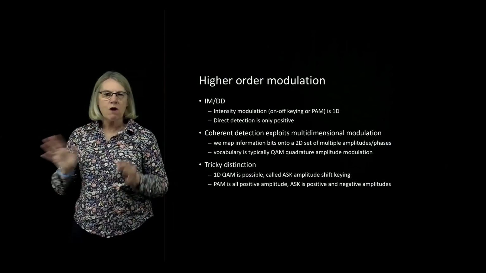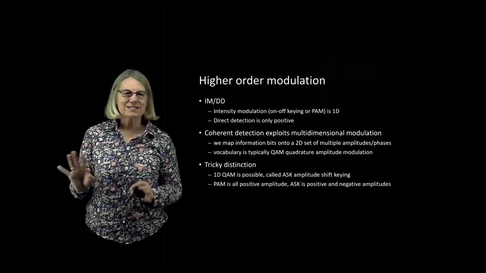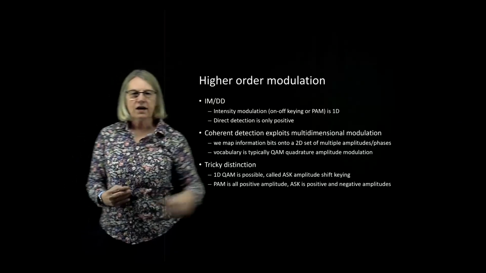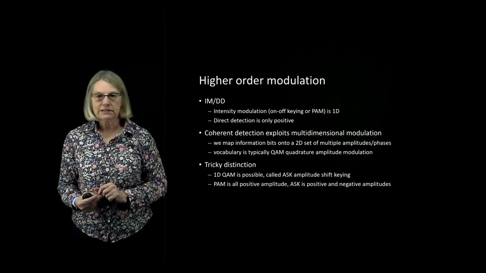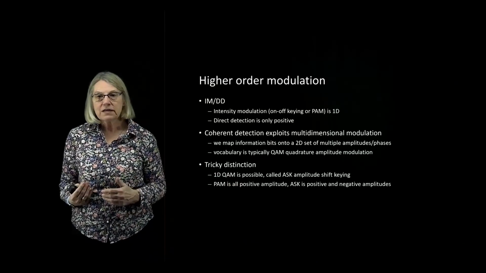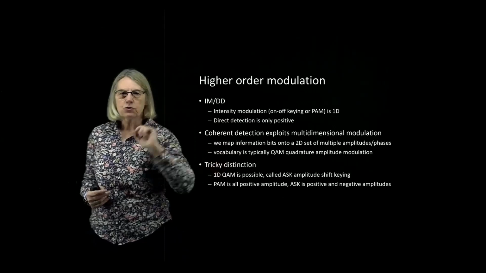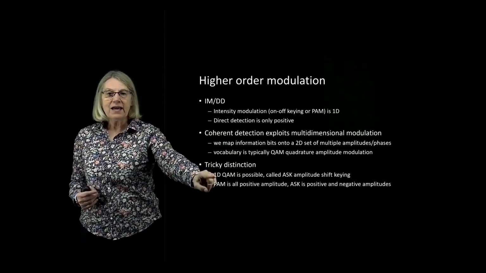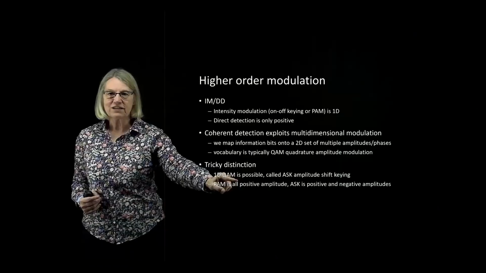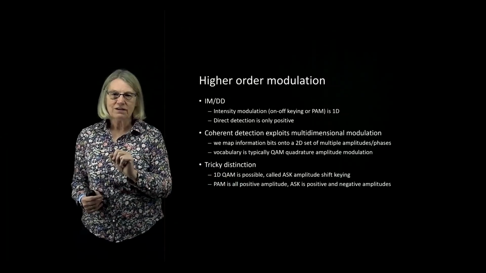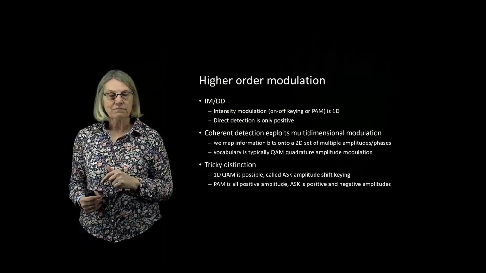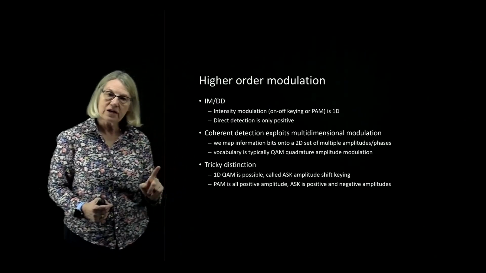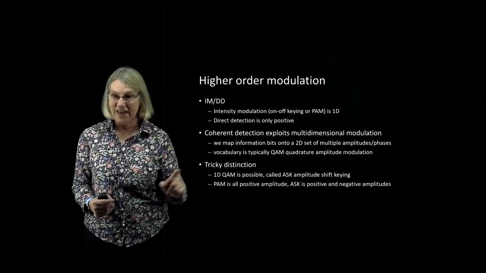It's often what you see when we discuss coherent detection. I'll just throw in here some tricky distinction that can be confusing sometimes. 1D QAM is possible. It's less performing, but it's sort of in between these two, because I can make it 1D, but I can, using coherent detection, have the one dimension be positive and negative, because I'm not just detecting power, I'm also able to detect phase.